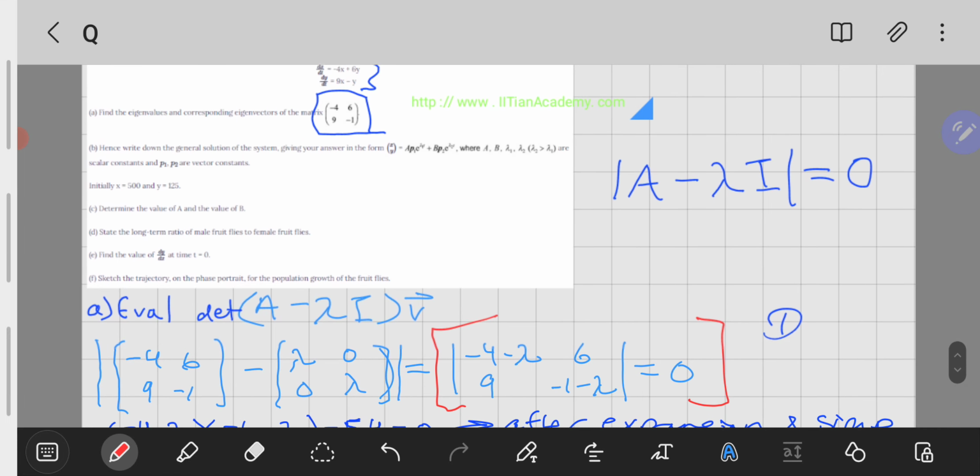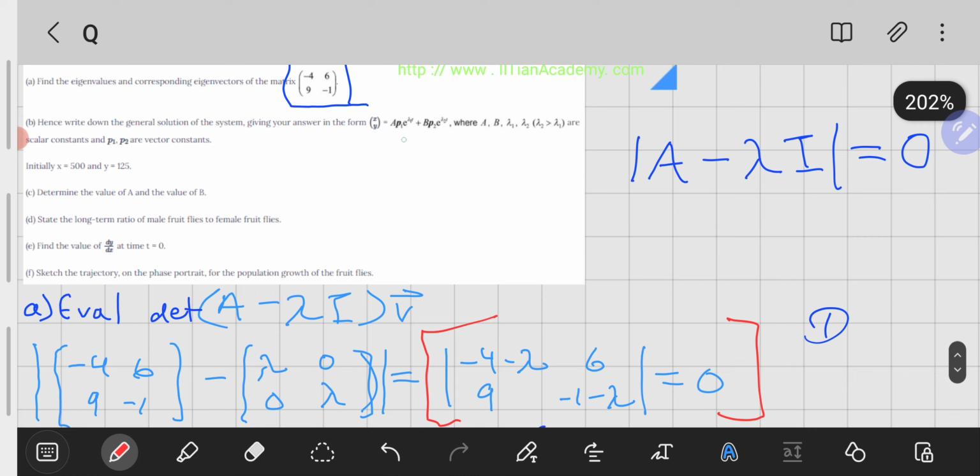Now, for our second question, we're asked to rewrite our solution in the following format, where a, b, lambda 1 and 2 are scalar constants, and p1 and p2 are vector constants.